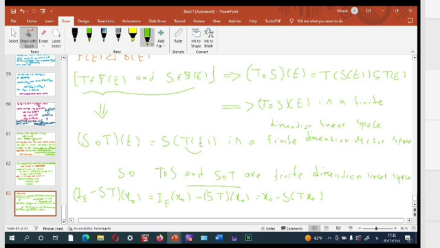But T of x0 equals y0, so this is x0 minus S of y0, and this is x0 minus x0, which is equal to 0.